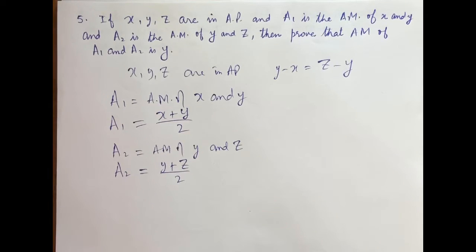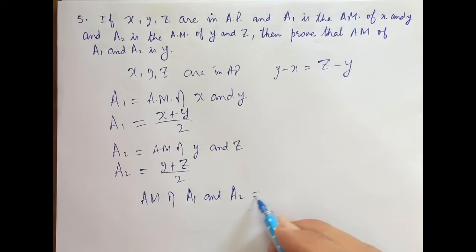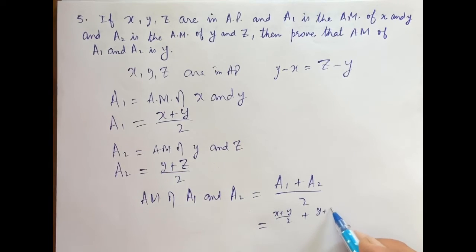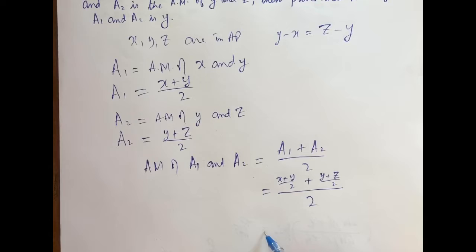Now we have to prove arithmetic mean of A1 and A2 is y. Let's find out arithmetic mean of A1 and A2. This is equal to A1 plus A2 upon 2. A1 is x plus y by 2, A2 is y plus z by 2 and whole divided by 2. This is x plus 2y plus z upon 2 into 2, this will be 4.